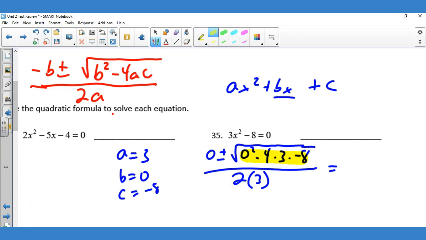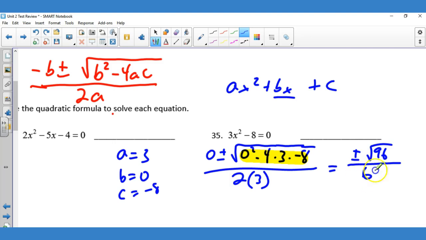When you do that, you're going to get the square root of, well, here you got 0, so I'm not even going to rewrite that. But I'm going to have plus or minus the square root of 96 all over 6.